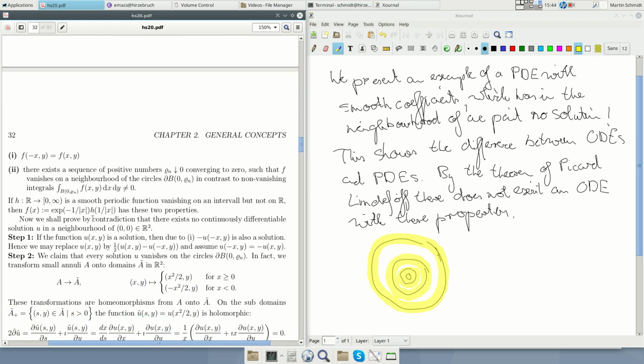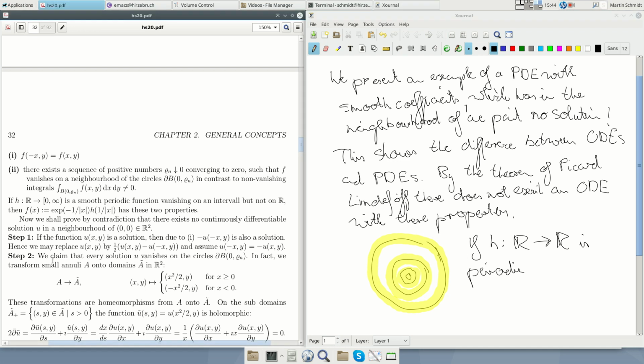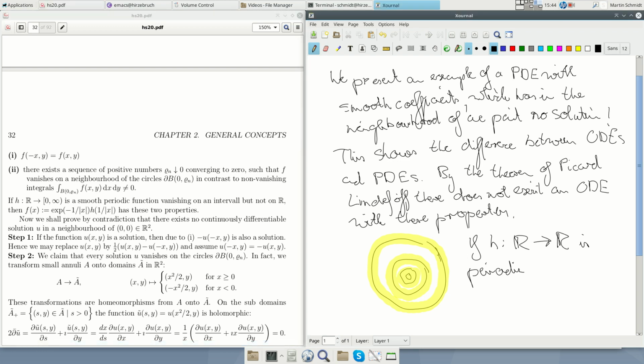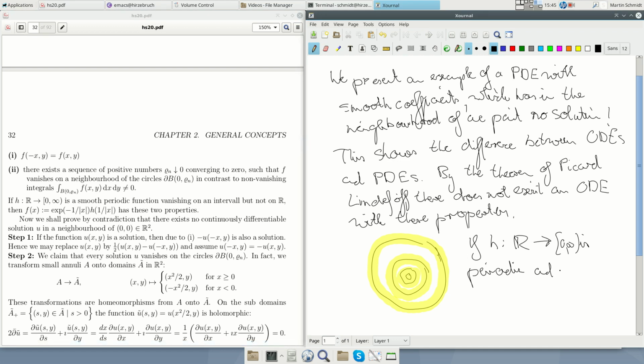We claim: if h from the real numbers to the non-negative real numbers is periodic and vanishes on an interval, but not everywhere.